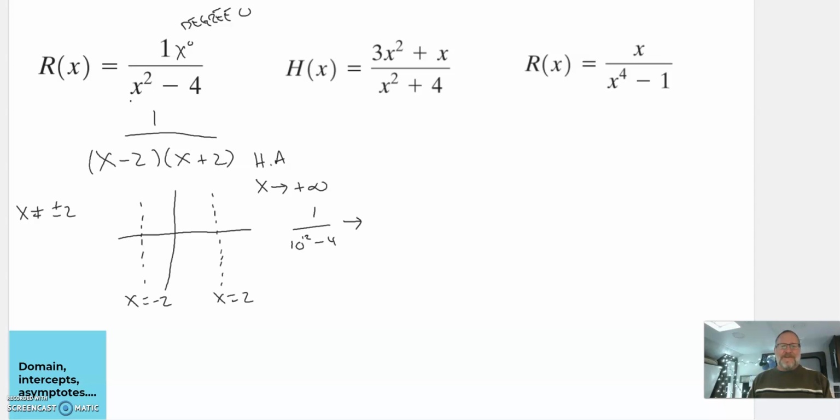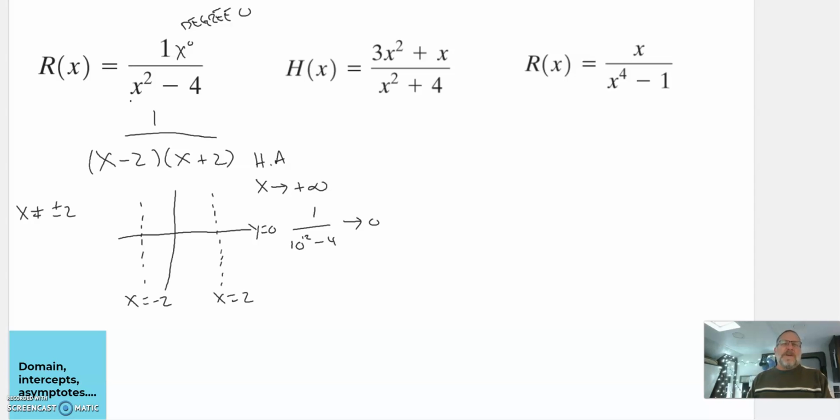This is basically 0. So I know the horizontal asymptote is going to 0. y equals 0 in this case. I can check going to negative infinity, but it would produce the same thing. In fact, it would get squared, and so it'd still be positive.